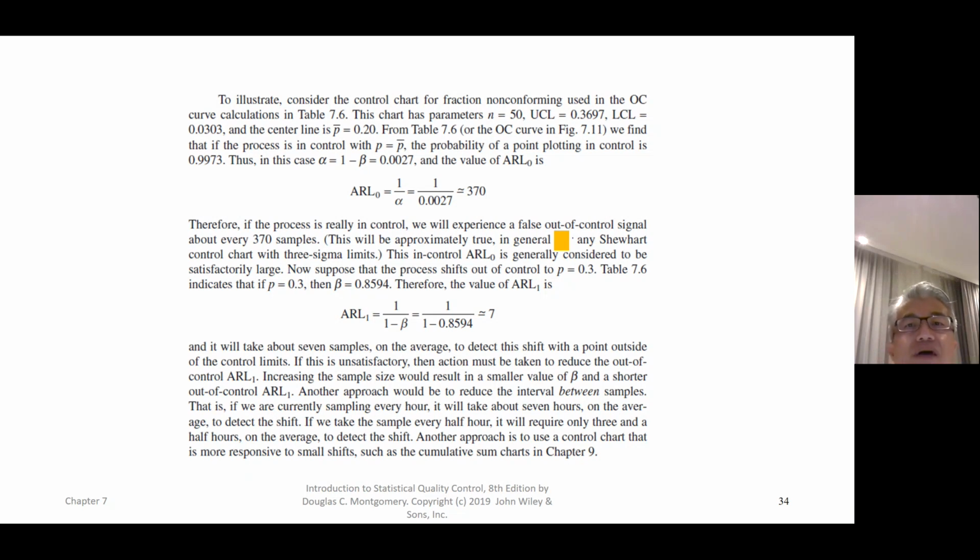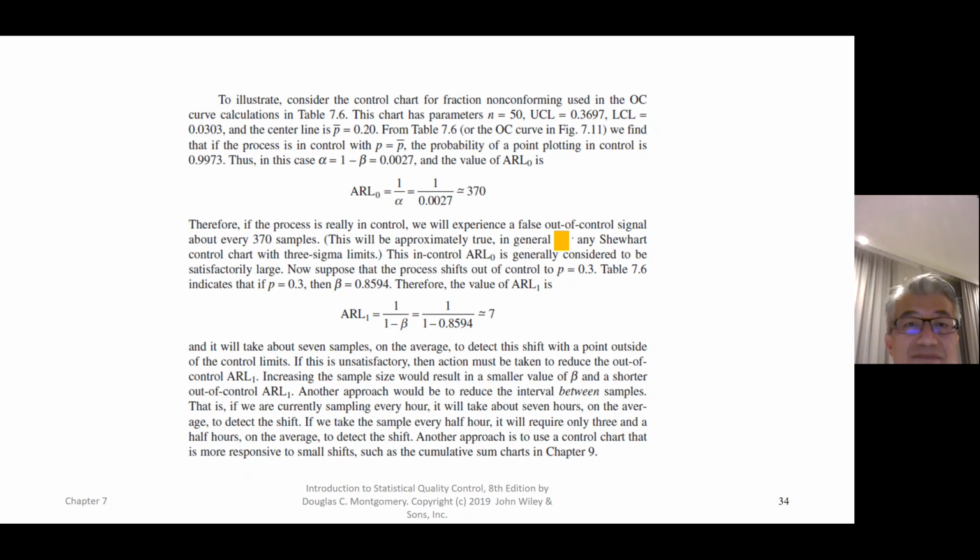This chart has parameter n equal to 50, with upper and lower control limits, and p bar approximately 0.20. From Table 7.6 and Figure 7.11, we found that when the process is in control, the probability of a point plotting in control is very close to 99.73%.